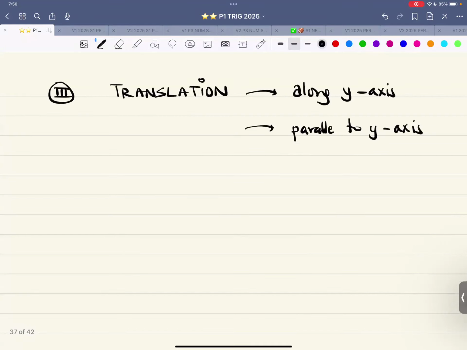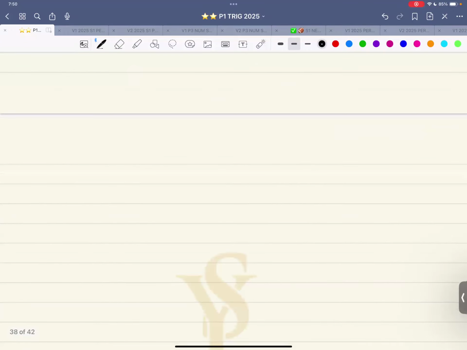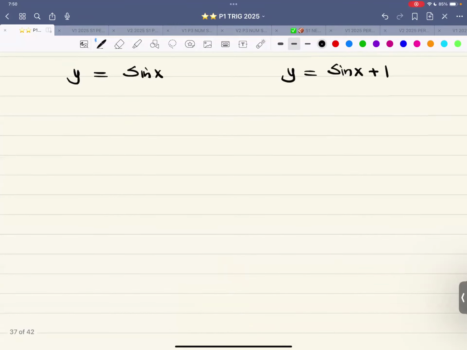Now let's say y equals sine x and y equals sine x plus 1. And then I'll draw the other one: y equals sine x and y equals sine x minus 1. So what will be the difference?